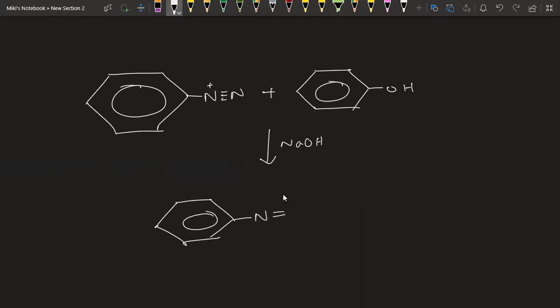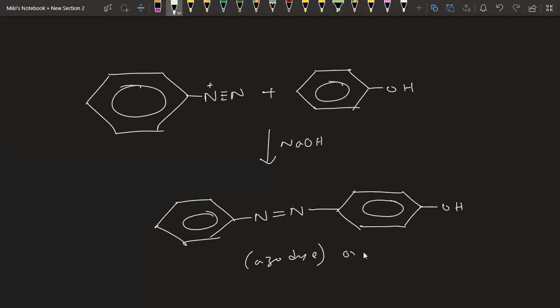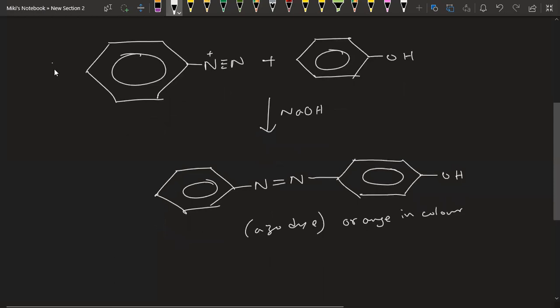Now the double bond is formed because one of the bonds is broken, and this nitrogen tends to form a bond with the other benzene ring without affecting the phenol structure. This OH remains as it is, and the other part changes, forming a new bond. This is known as azo dye, and its color is orange.